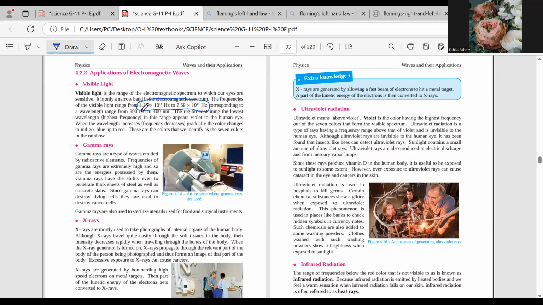And the wavelength is about 690 nanometers to 400 nanometers. This is what we can see. The region that contains the lowest wavelength, highest frequency in this range appears to be violet. And then gradually you will be able to see till red. After that, we won't be able to see anything.